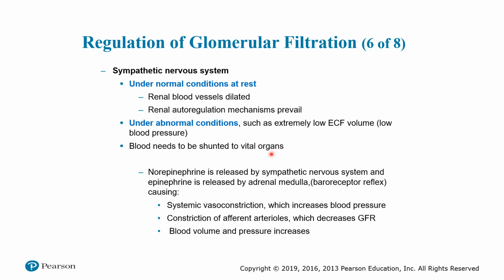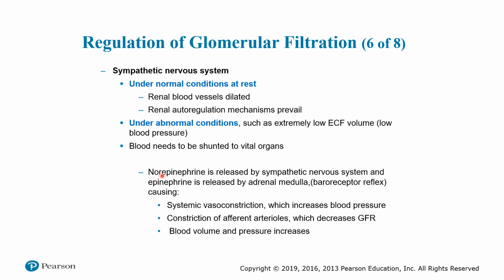So now norepinephrine is released by the sympathetic nervous system, and epinephrine is released by the adrenal medulla due to the baroreceptor reflex. Remember, the baroreceptors can detect when the blood pressure is low, and when the blood pressure is high, and then signals are sent to the appropriate systems in the body.